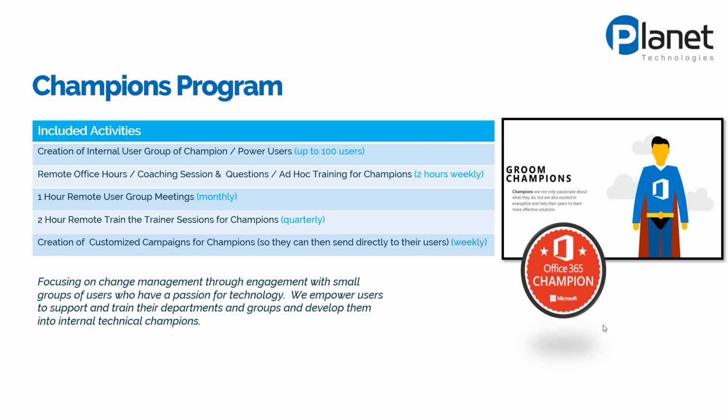We, as the Planet team, the Evolve 365 team, will help your champions learn everything they need to know about that new technology, helping with remote office hours to answer questions, coaching sessions, and doing ad hoc training when needed. If there are a lot of frequently asked questions coming in, we can train users on how to speak to those. We also offer train the trainer sessions and a variety of services for those champions so that they're extremely ready and capable of helping end users.